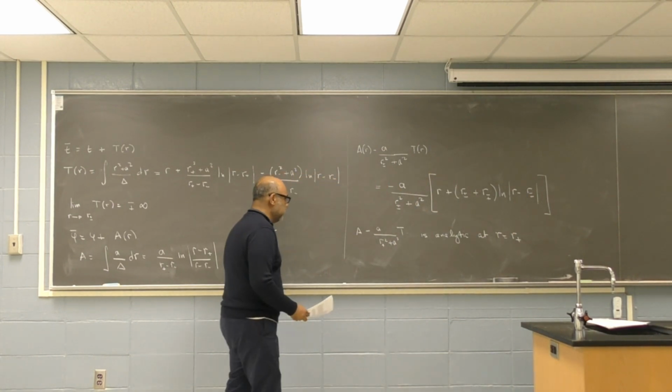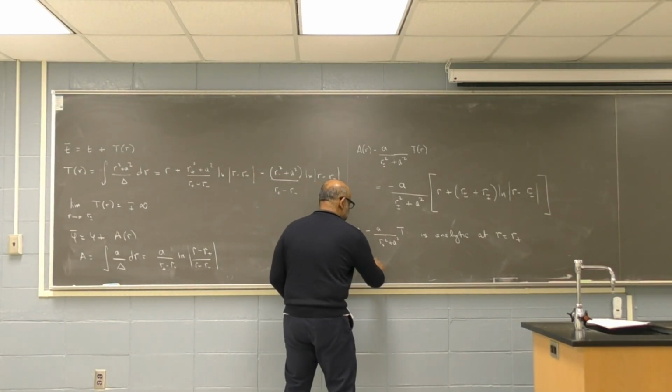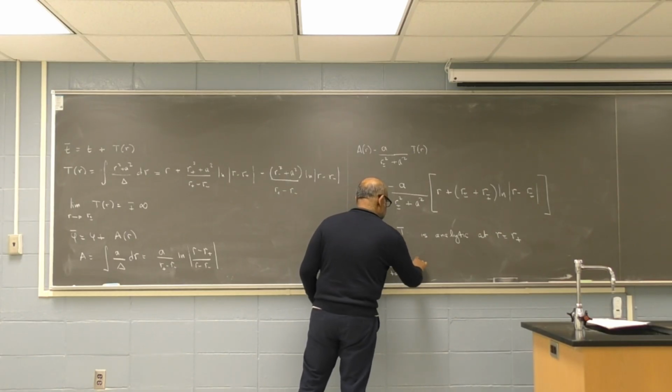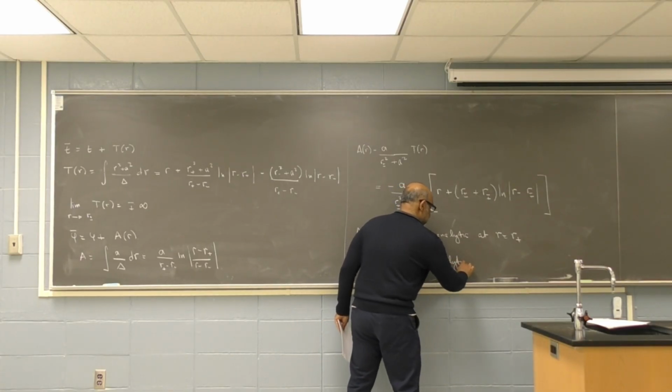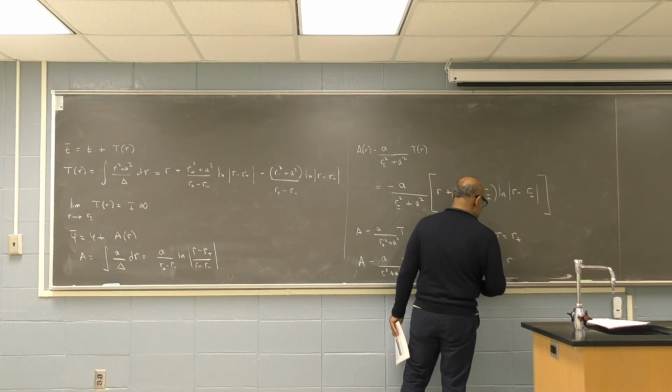And the other combination, R minus squared plus A squared T, is analytic at R minus.